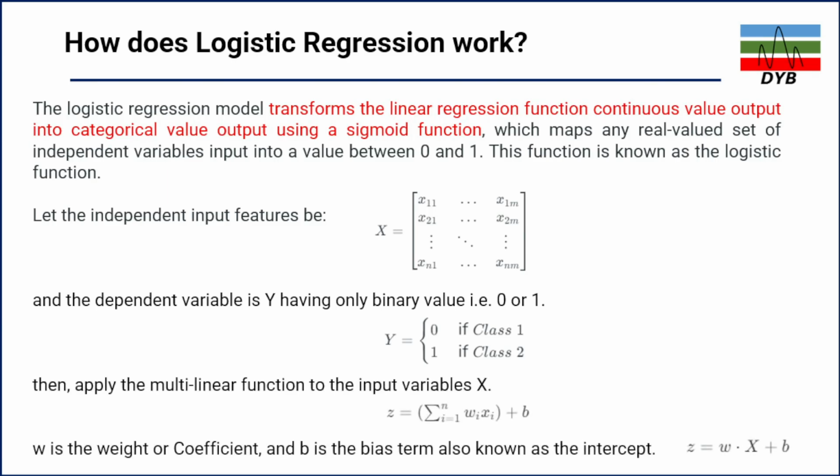Then we apply the multilinear function to the input data x: the summation from i equals 1 to n of wi times xi, plus b. Here the weights are the coefficients, and b is the bias term, which is known as the intercept.